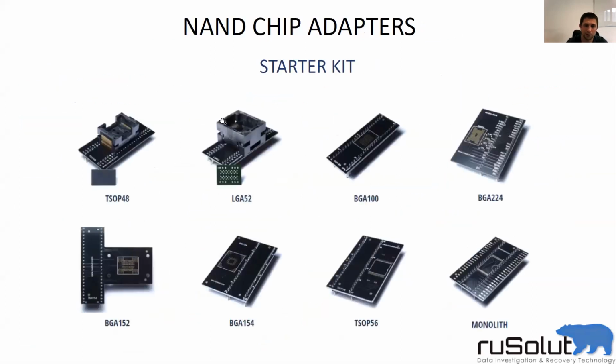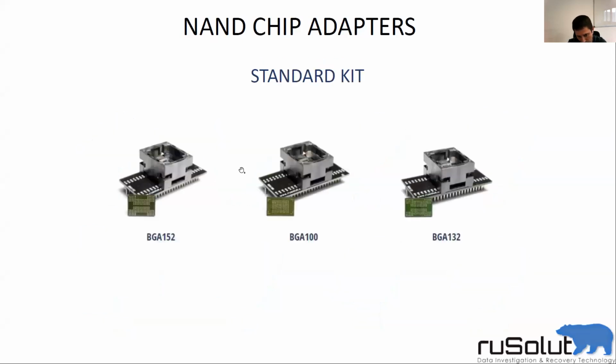And finally, for NAND chips, we can use adapters which you can see on this screen. It's a standard ISO P48 adapter, LG52, which we have in starter kit, and some adapters from standard kit. So that's our most popular adapters.